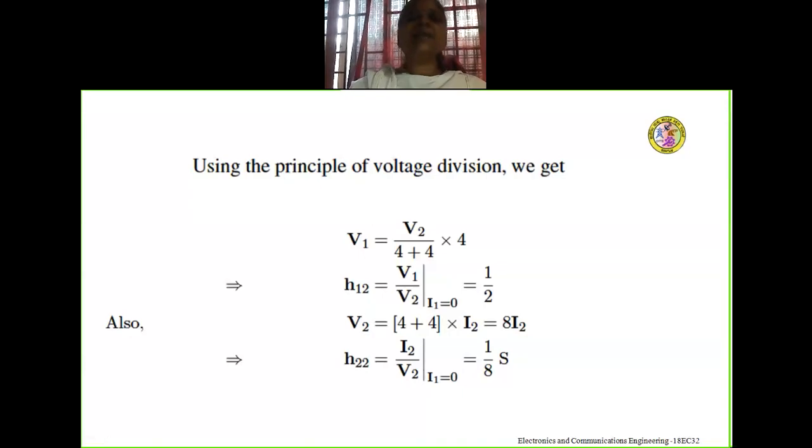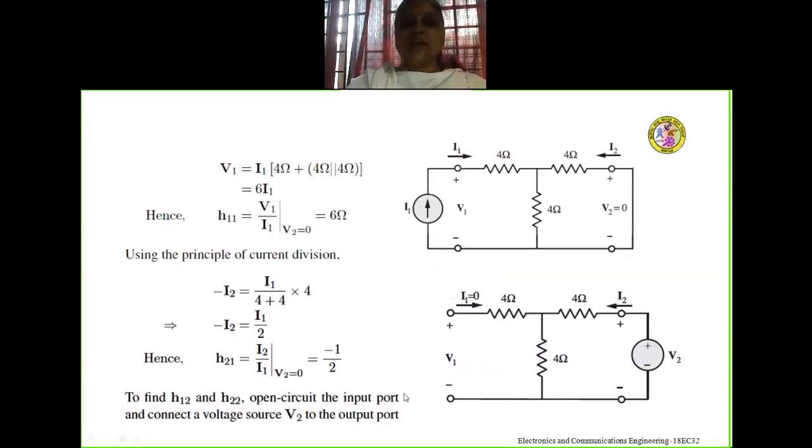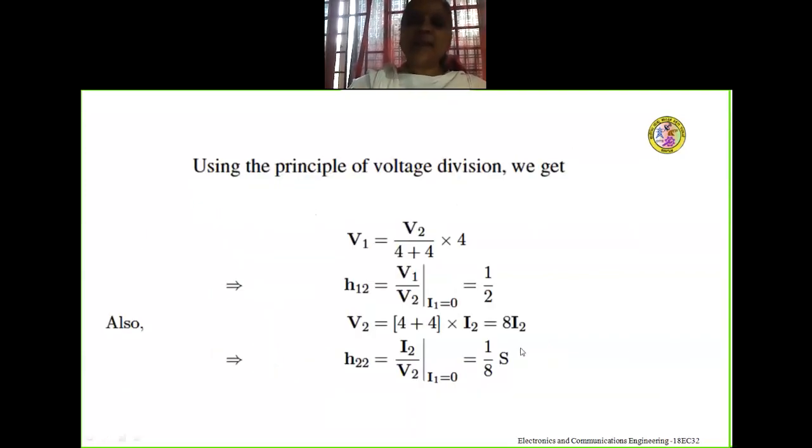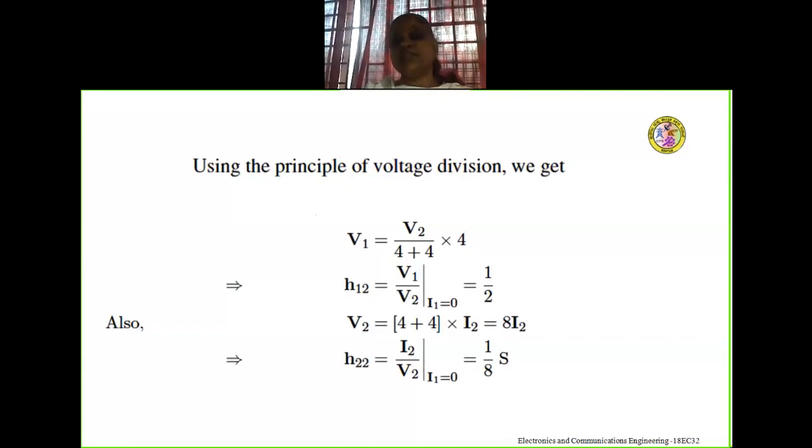And by applying the principle of voltage division, V1 is equal to V2 into 4 divided by 4 plus 4. So H12 is V1 divided by V2 when I1 is equal to 0. So this is 1 divided by 2.